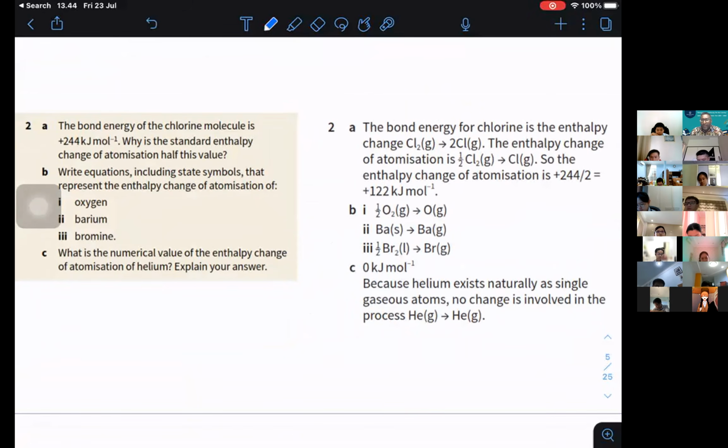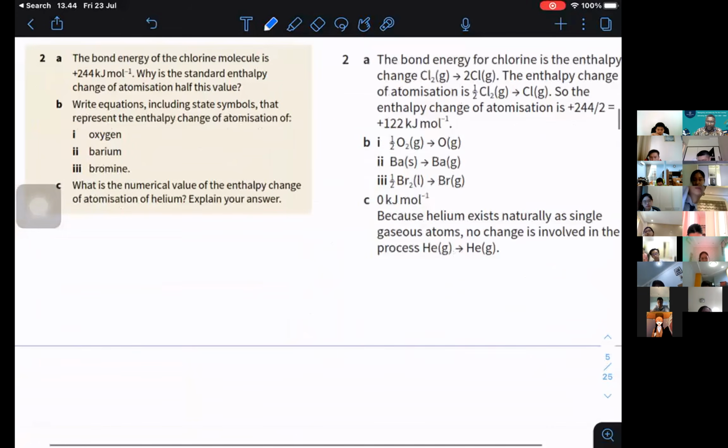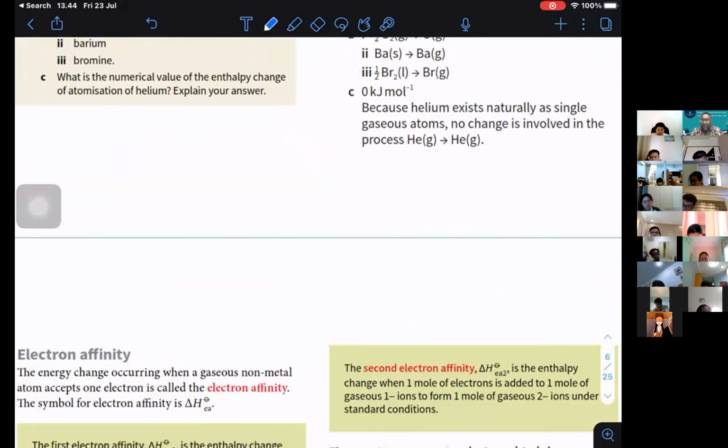Sometimes, when we deal with atomization, for example, if I put Cl2, the Cl2 breaks into Cl, and you have half Cl2 as gas changing to gas. This is going to be the enthalpy of atomization, let's say HAT. Let's say I give you a number, 124.